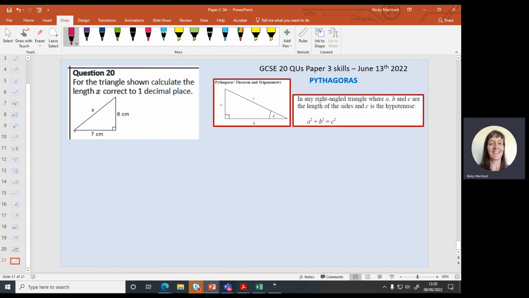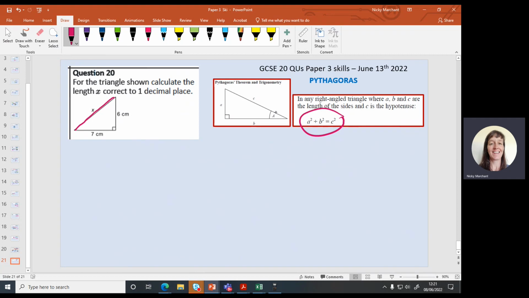If you're finding the long side, then you're okay to use this, what I would call a forwards formula. If you're finding a short side, you need to rearrange and use a subtraction. It's about the squares off here plus the squares off here will equal the squares off here.